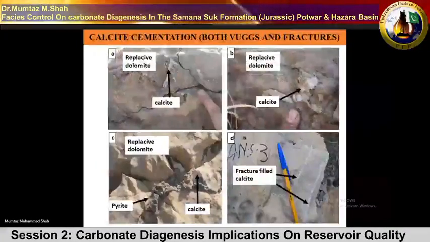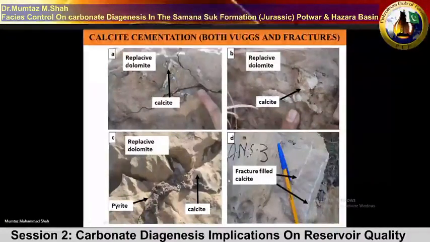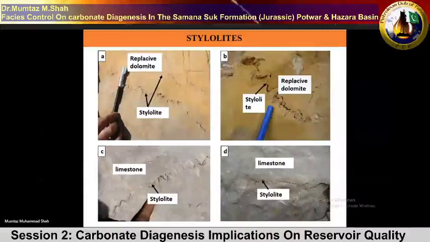Similarly, calcite filling and the replacive dolomites. Then we have the fracture filling dolomites and fracture filling calcite. Some typical examples of the stylolites are observed within these dolostones, and ultimately the pore filling calcite can be seen over here as well.